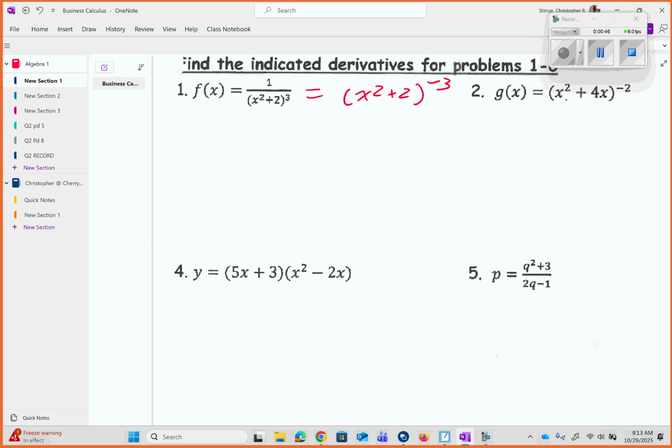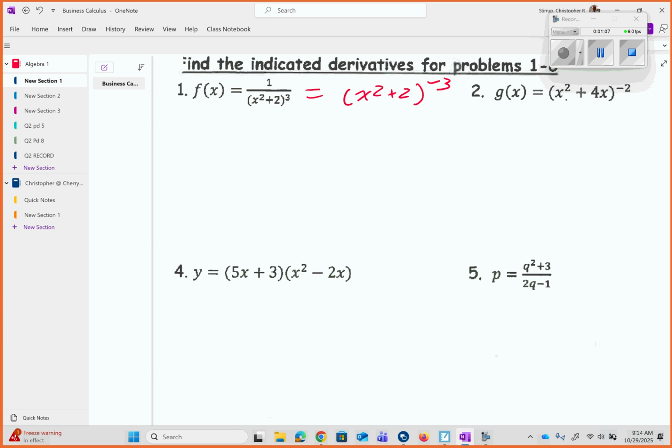Okay, so I no longer have a fraction with it. And that's going to make it a simpler problem to work out when we start working on it, okay?